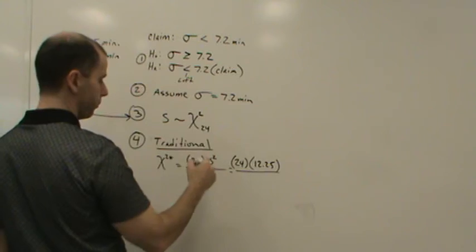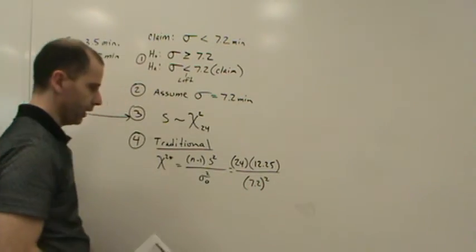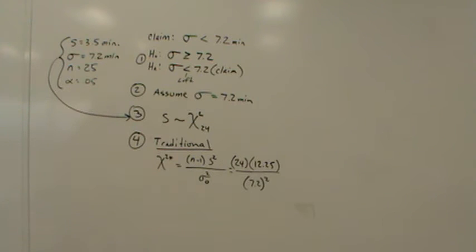We know sigma is 7.2, so it's going to be 7.2 squared. And so our test statistic turns out to be 24 times 12.25 divided by 51.84, which is about 5.67.